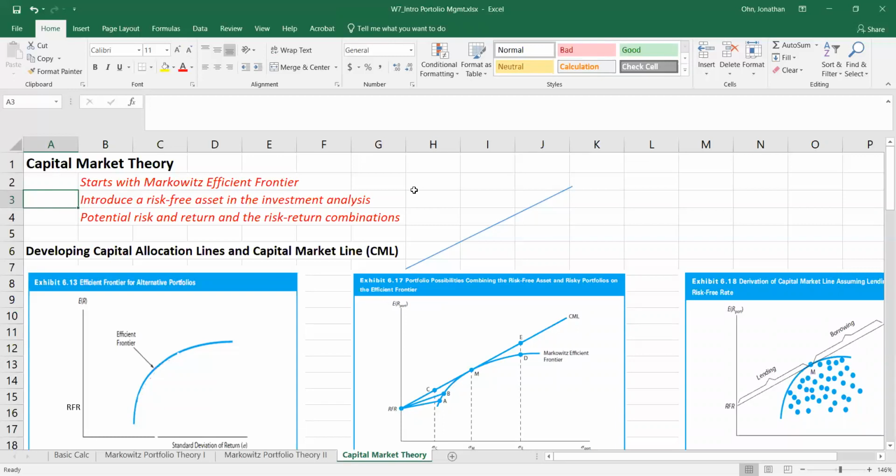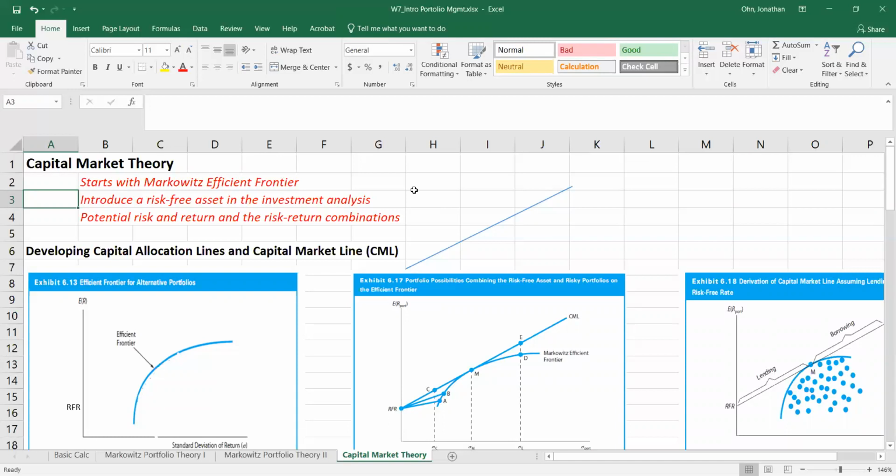This is realistic, you know that, right? We include in our investment portfolio risky assets like stocks, and also we include bonds, fixed income securities, and we also include cash equivalents, money market securities, right? Money market securities are similar to a risk-free asset.